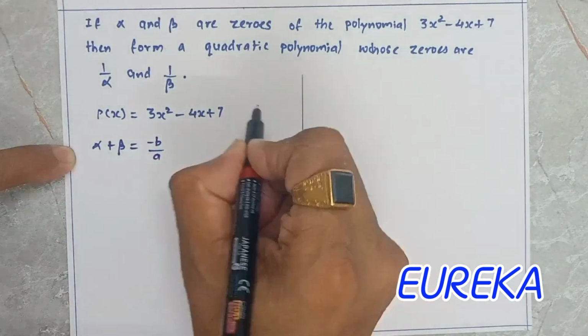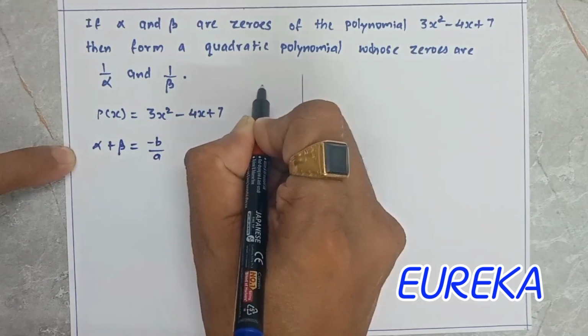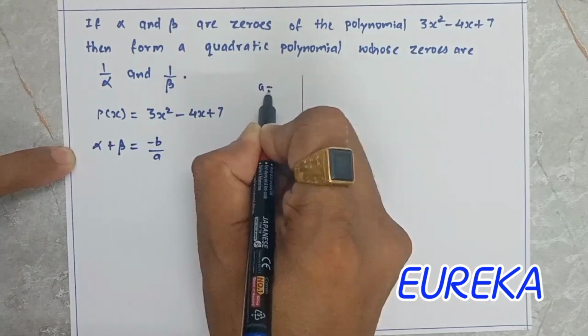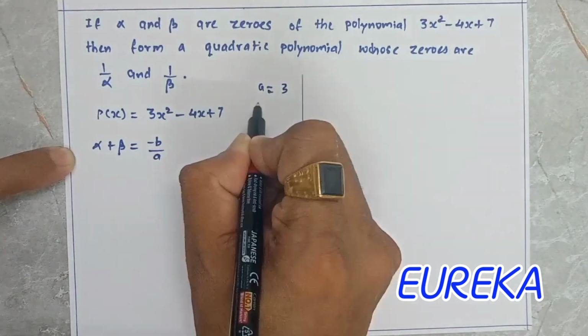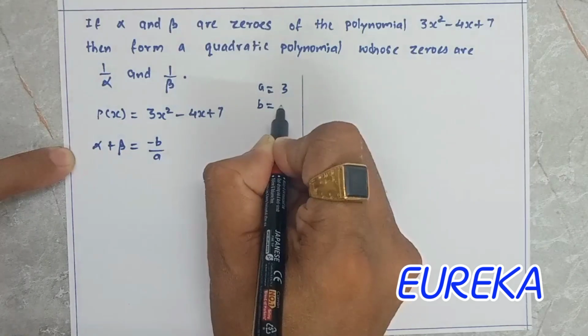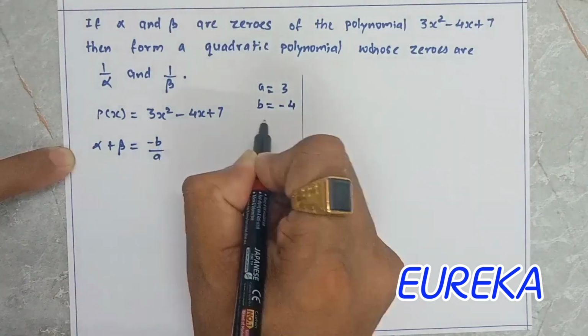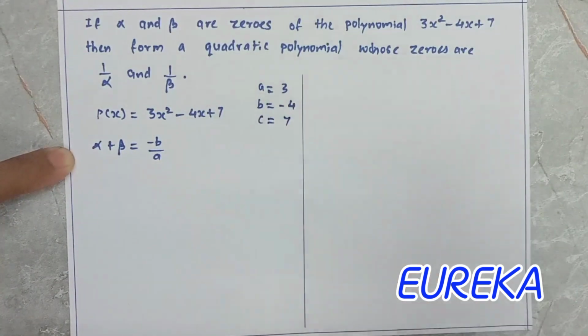Now in our case, a is the coefficient of x square, that is 3. b is the coefficient of x, that is minus 4, and c is the constant term, that is 7.